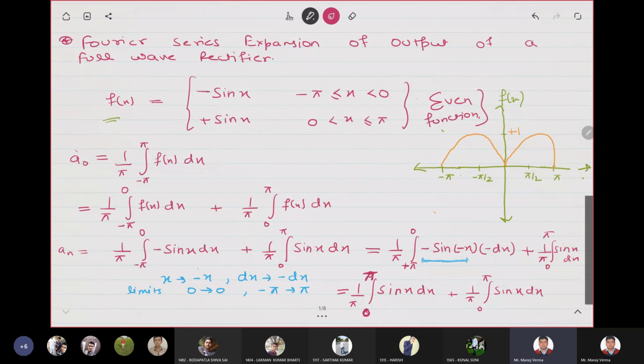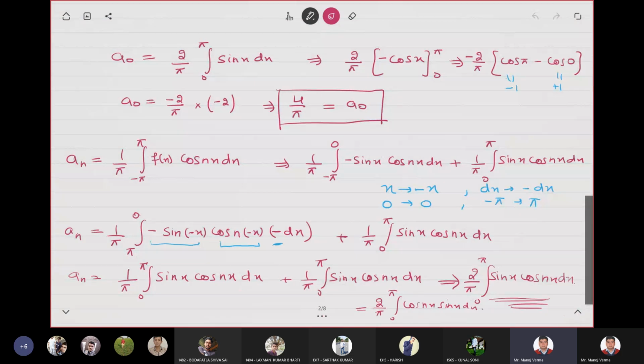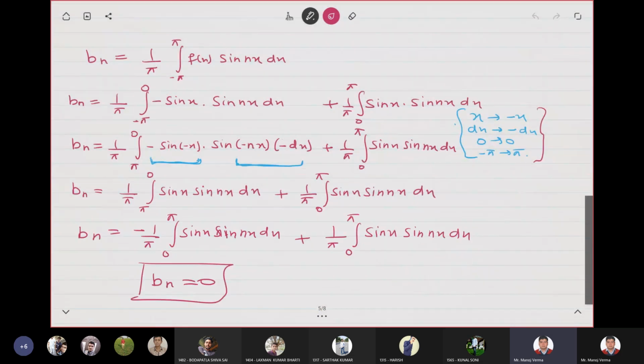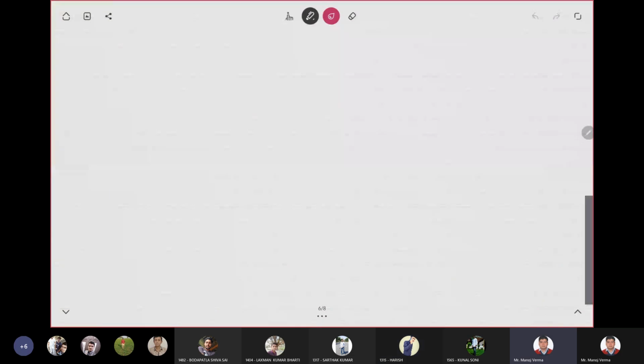This function does not change its value if I replace x with minus x. And for even functions, after explaining in this one or two lines, you can directly say that if function is even, the value of bn is going to be 0. But if you cannot correlate how this function is even or odd, it is better if you calculate the value of an and bn all the time. So value of bn is 0 now.